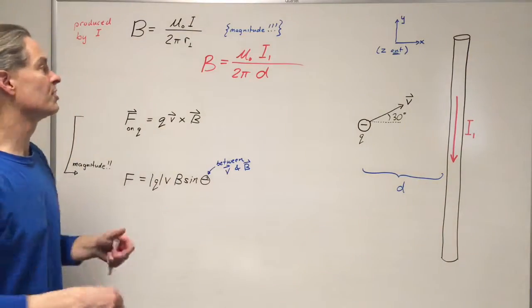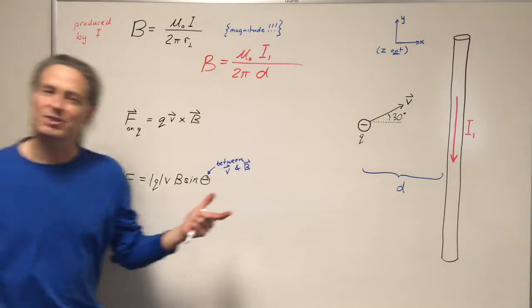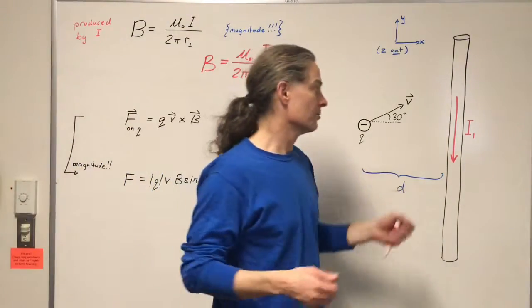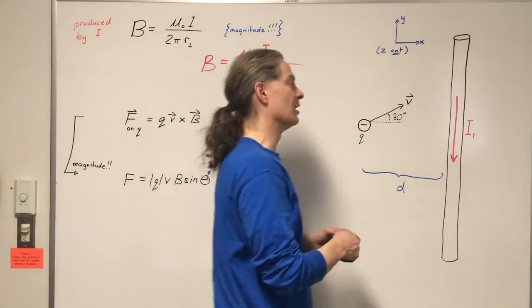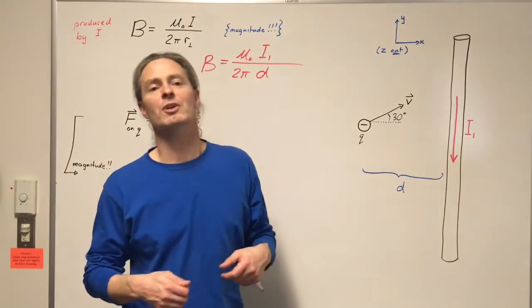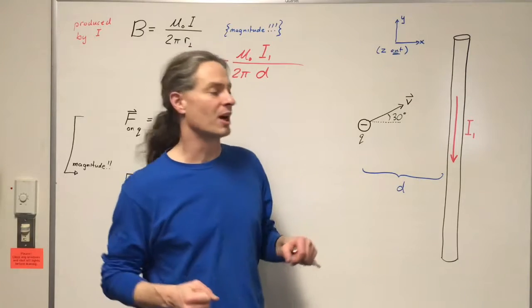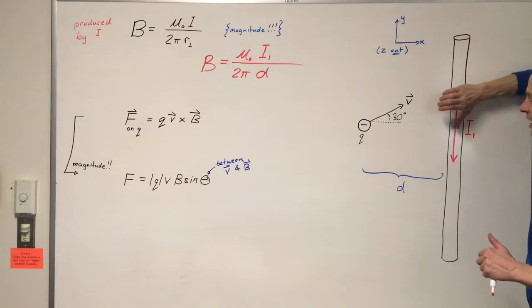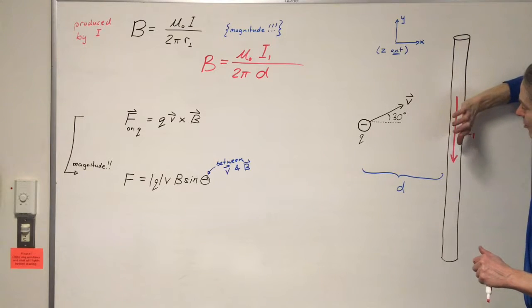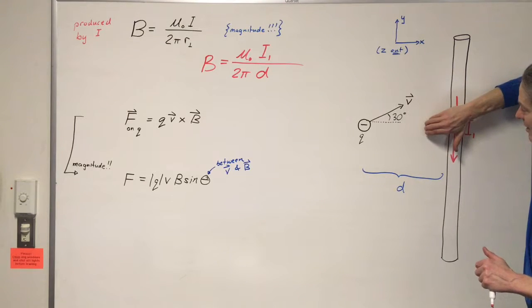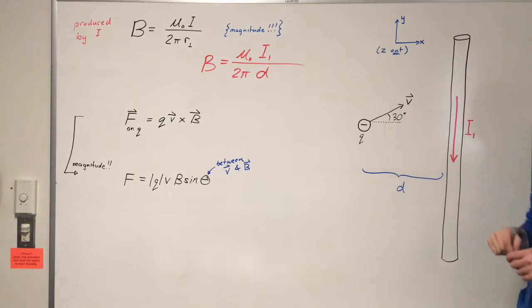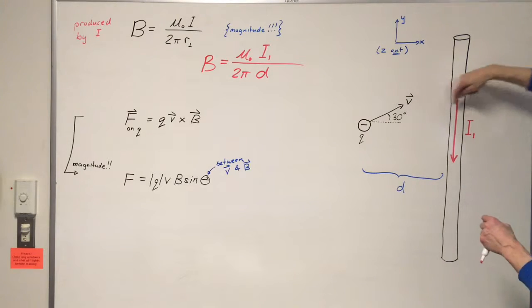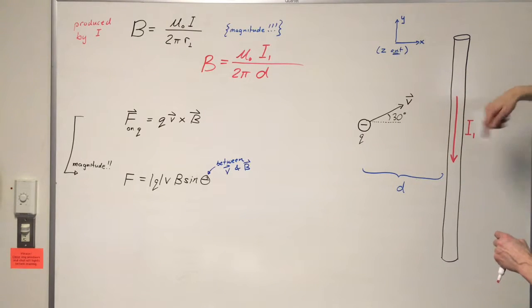Now, we need more than just the magnitude, we also need the direction. For the magnetic field produced by a long wire or a wire segment, we can get the direction using a derived right-hand rule. Stick the thumb of your right hand in the direction of the current. Wrap your fingers in the direction of the magnetic field. Basically, if you've got a wire, magnetic fields make circles around that wire.